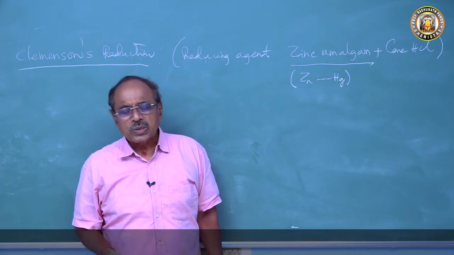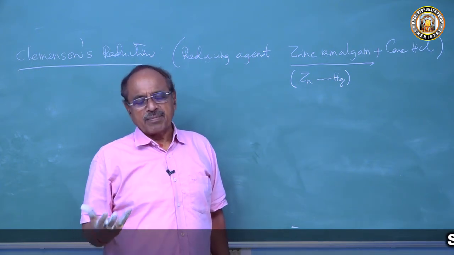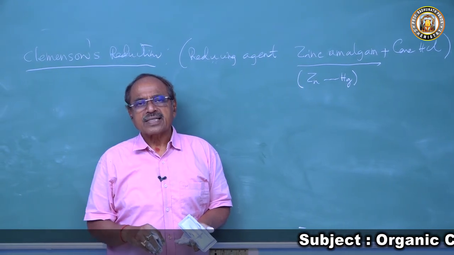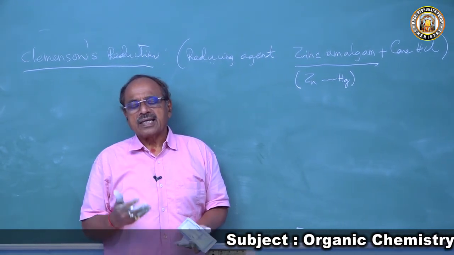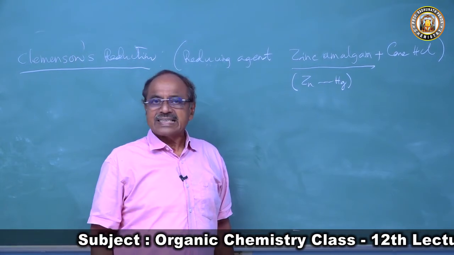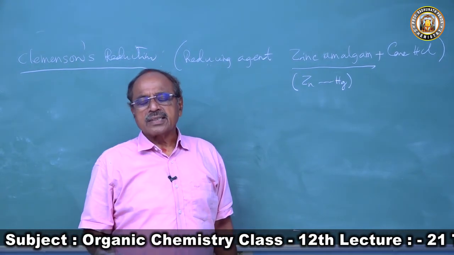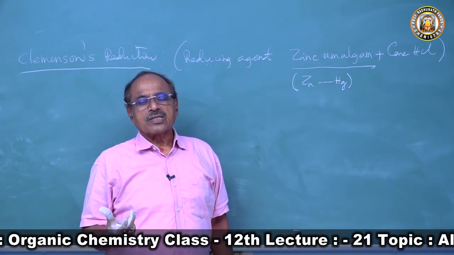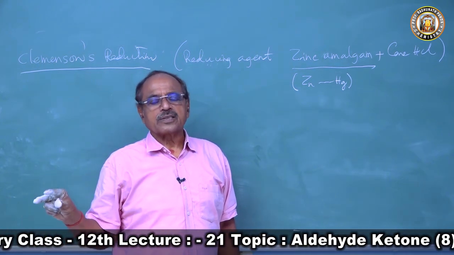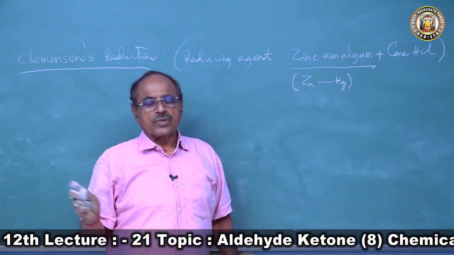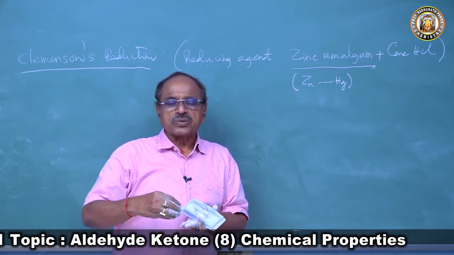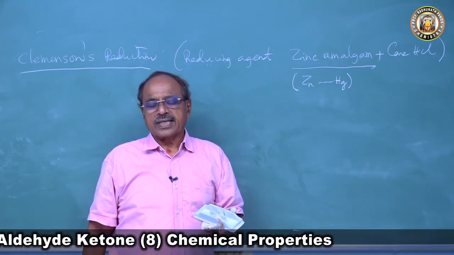So what they do is take zinc, melt it, and add mercury to that. Zinc and mercury form an alloy. Mercury is resistant to atmospheric oxidation, so it remains coated over the zinc and does not allow oxygen to reach the zinc.